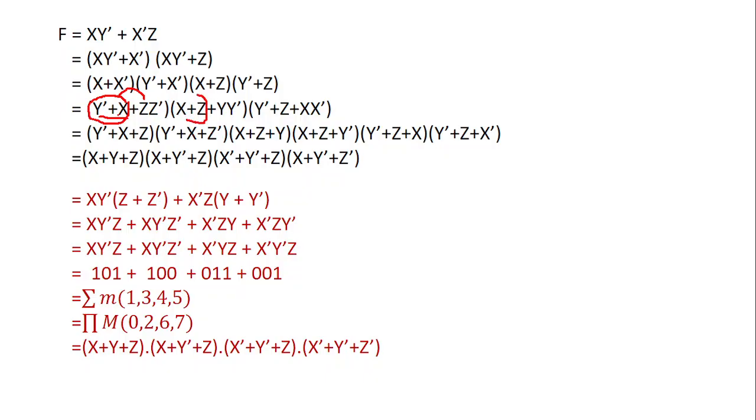Again take this one as one term, xz plus y, xz plus y bar. Similarly, y bar z plus x, y bar z plus x bar. All of them are product terms.